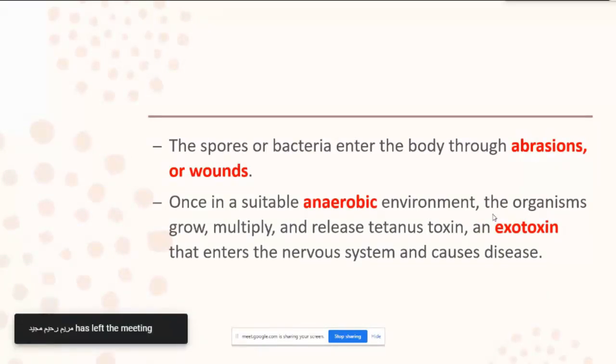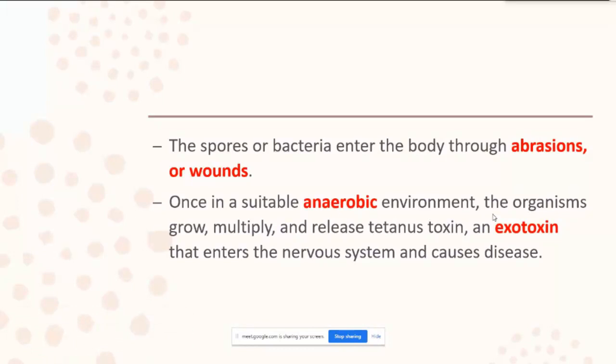And so when stool gets contaminated with the soil, and the patient, for example, walks barefoot and gets contaminated by sand through trauma or any thorn from wood, these spores may get transmitted to the skin.